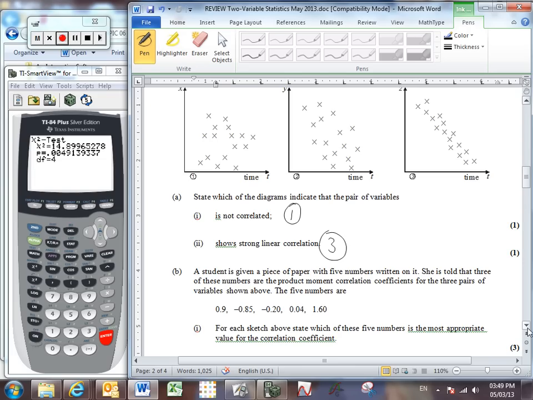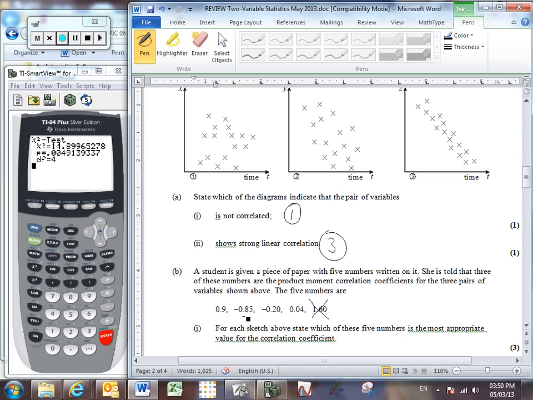Well, we said that this first one had no correlation, so which of these 5 numbers indicates no correlation? It's going to be the one closest to 0, isn't it? This one is of course silly. This one can't even exist. How can you have a correlation coefficient greater than 1? So it fits the line more than 100%? Well, that's silly.